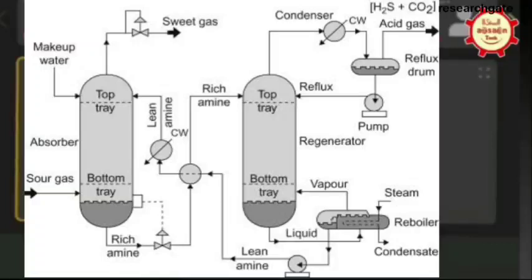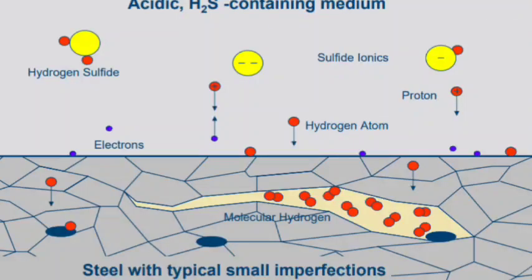Out of all the amines, MDEA is the highest temperature amine you can use, and it has better absorption as well. At the higher limit you can go without PWHT, because for monoethanolamine and others you have to mandatorily do PWHT, as that type of amine is susceptible to cracking.